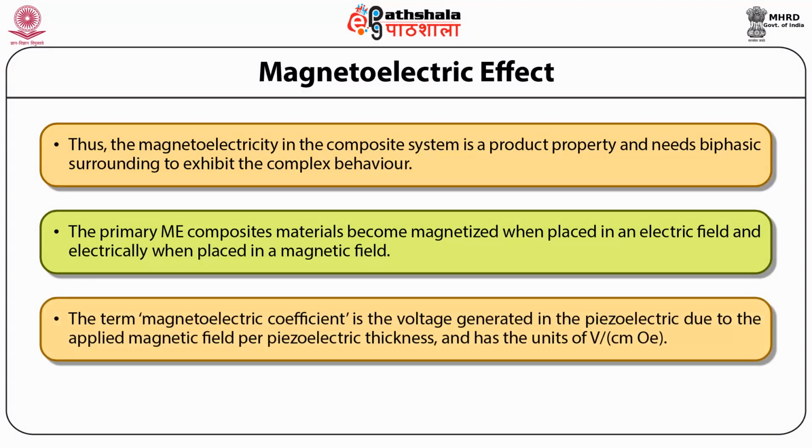The term magnetoelectric coefficient is the voltage generated in the piezoelectric due to the applied magnetic field per piezoelectric thickness, and it has the units of volts per centimeter oersted. That means volts per centimeter oersted.